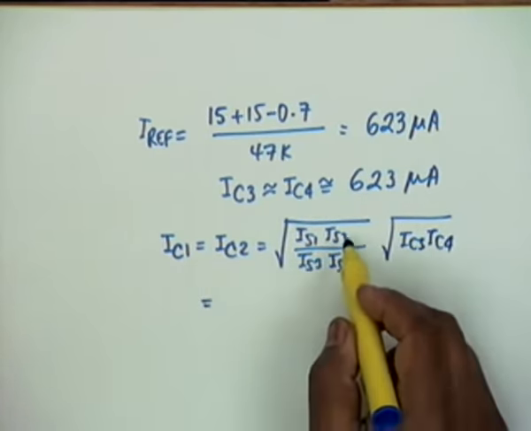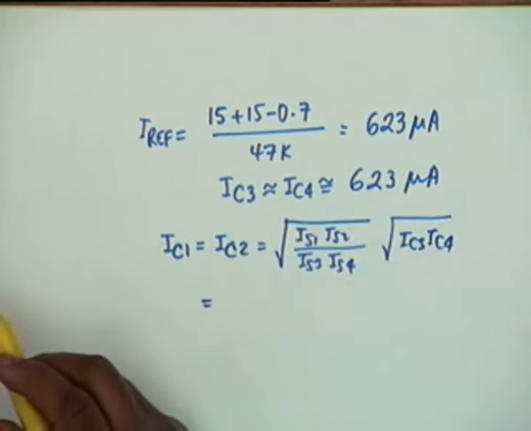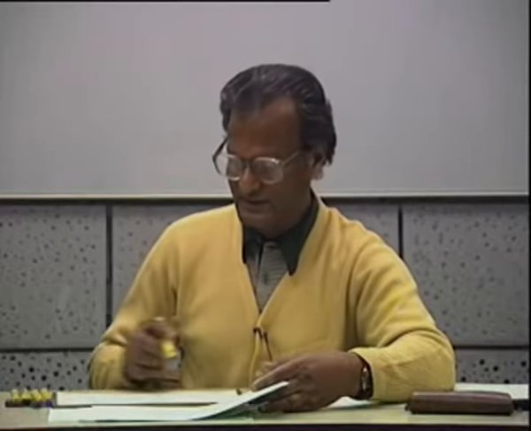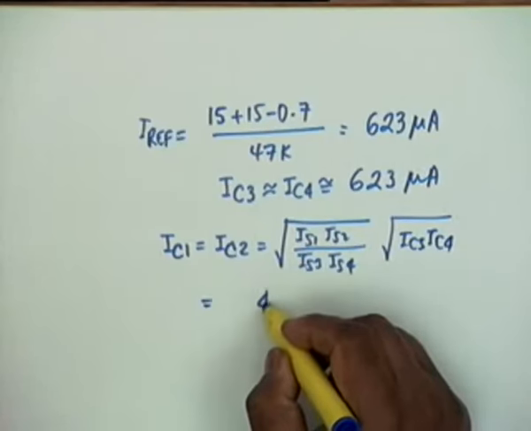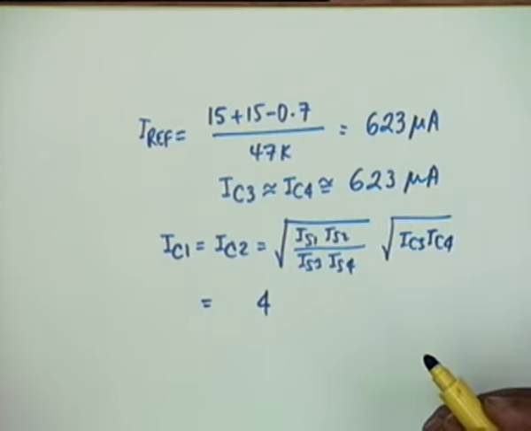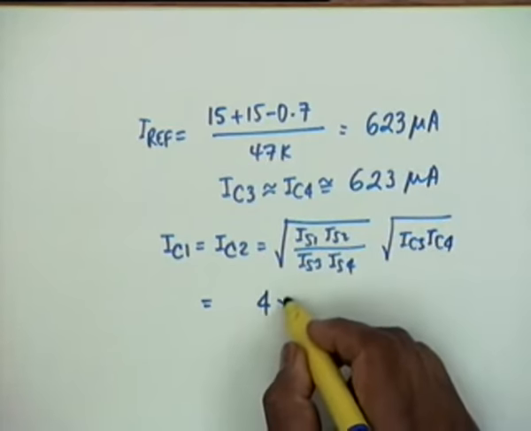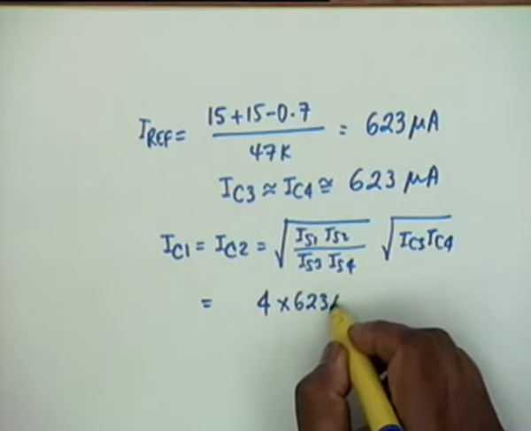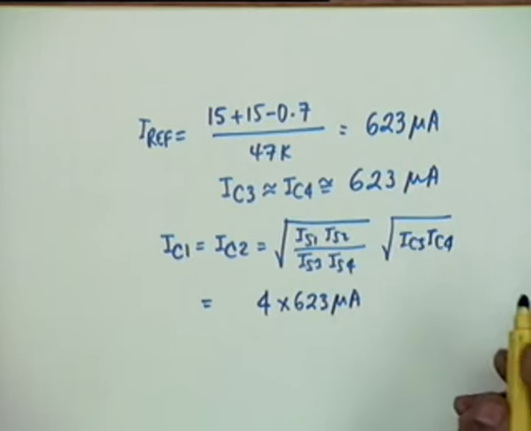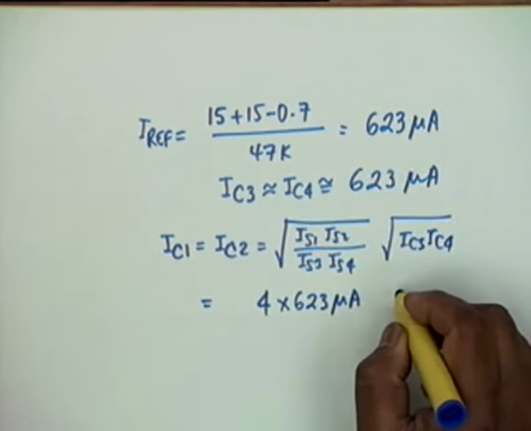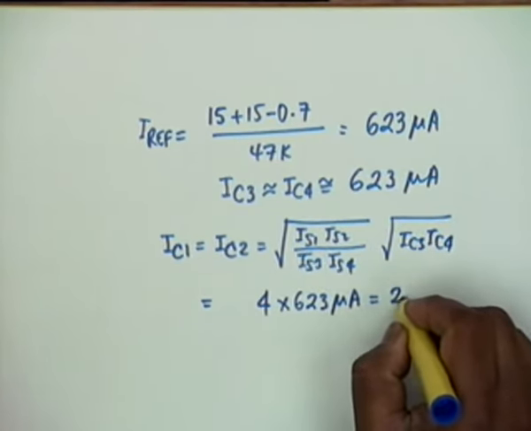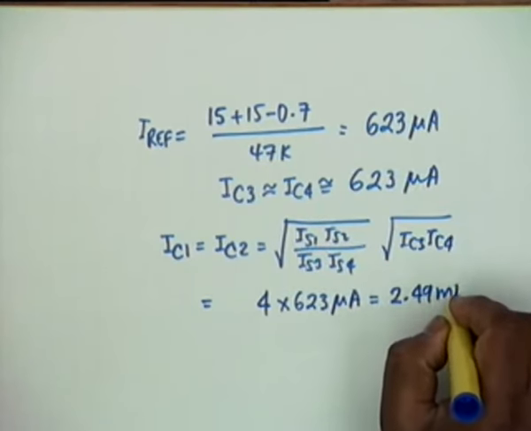And since the transistors Q1 and Q2 are 4 times the emitter junction area, this square root shall be simply equal to 4. Agreed? 4, and this would be 623 microampere, because we have assumed them to be equal, and this calculates out as 2.49 milliampere.